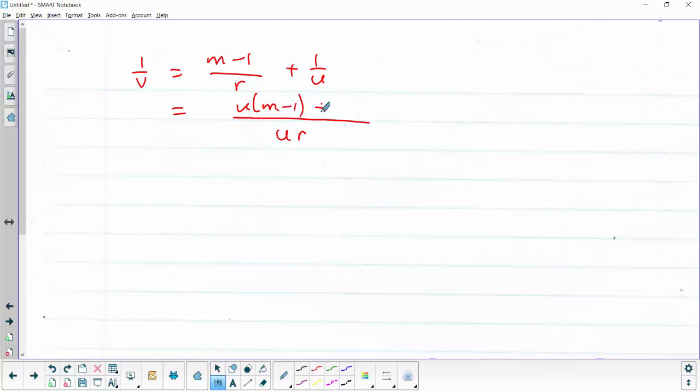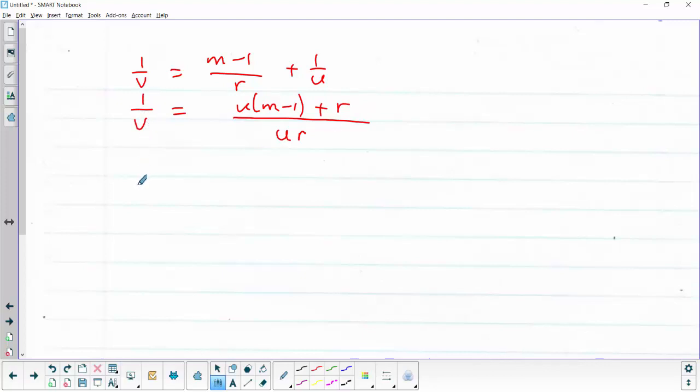So we have 1 over v equal to m minus 1 over r plus 1 over u. Therefore from here, the common denominator is ur. So we are going to have u into m minus 1 plus r. Don't forget this is 1 over v.